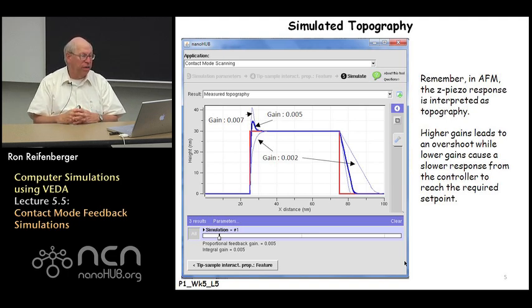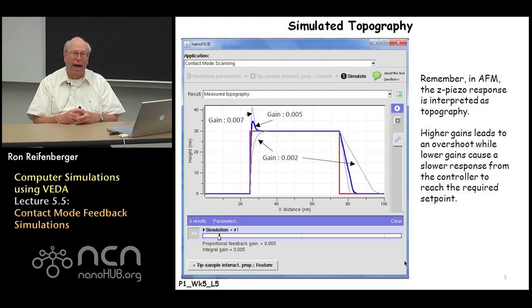You can see that when the gain is set too low, the tip responds too slowly to the sharp step, and then when the tip loses contact with that sharp step, there's a parachuting effect. The tip drifts down to the flat substrate. It requires a certain length of time for that to occur.